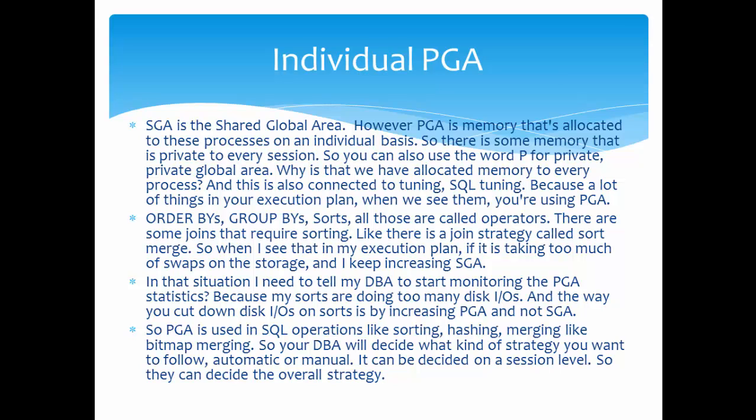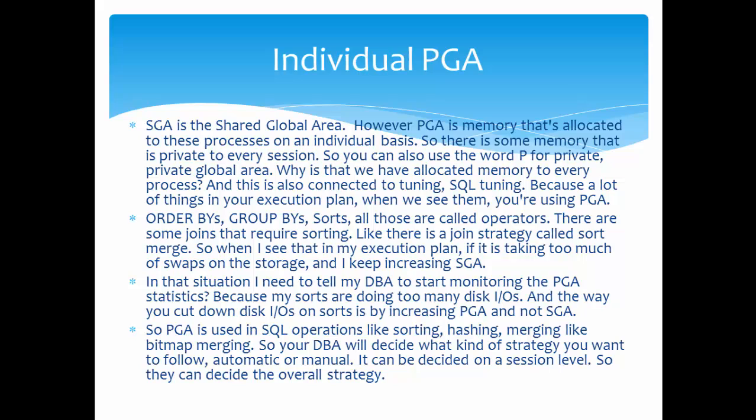When I see that in my execution plan, and it's doing too many swaps on the storage and I keep increasing SGA, in that situation I need to tell my DBA to start monitoring the PGA statistics, because my sorts are doing too many disk IOs, and the way you cut down disk IOs on sort is by increasing the PGA, and that's not SGA. PGA is used in SQL operations like sorting, hashing, merging, like bitmap merging.